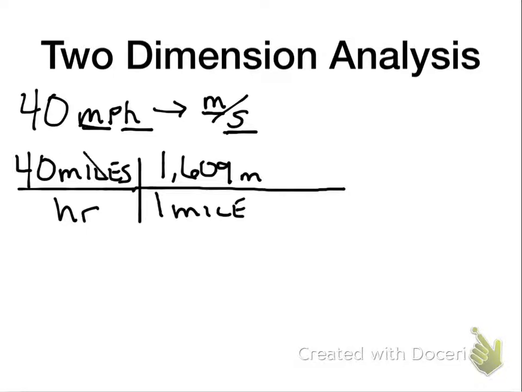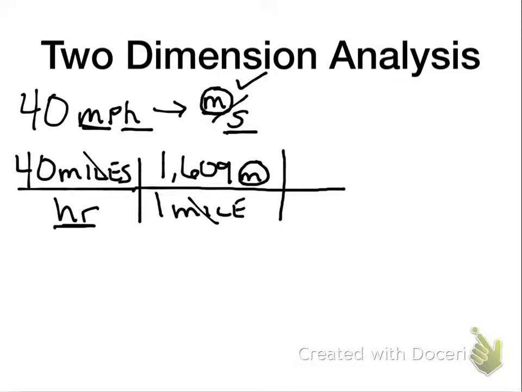So let's check the units and make sure that they are satisfied. We are left with meters in the numerator, which is what we should have according to our question, so that is good. Now, we need to look at our hours and go into seconds. If hours is in the denominator here, we need to move it to the numerator in the next position so that we can cancel the hour unit and begin our descent into seconds.